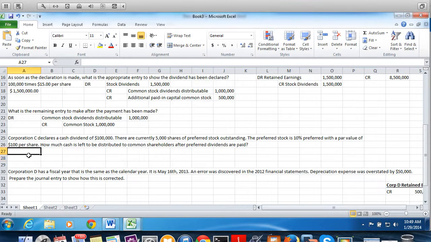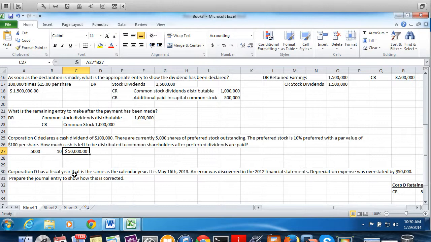You're just going to determine, hey, I have 5,000 shares of stock. Each one is paying $10 per share. So in this cell, if I just take 5,000 times $10 per share, that leaves me with $50,000.